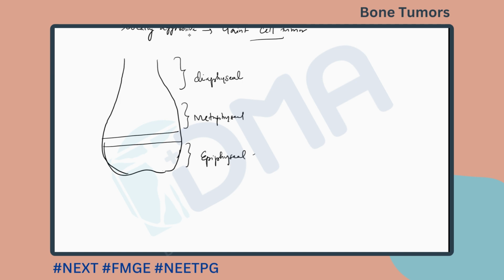In the epiphyseal region, two tumors are common. One is called giant cell tumor. The other one is called chondroblastoma. Chondroblastoma is usually seen in children. Giant cell tumor is usually seen in adults.